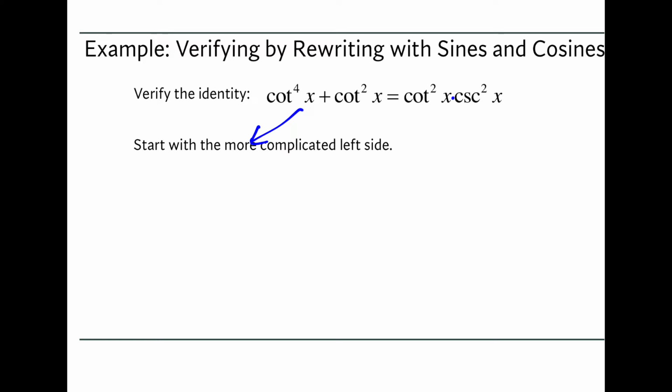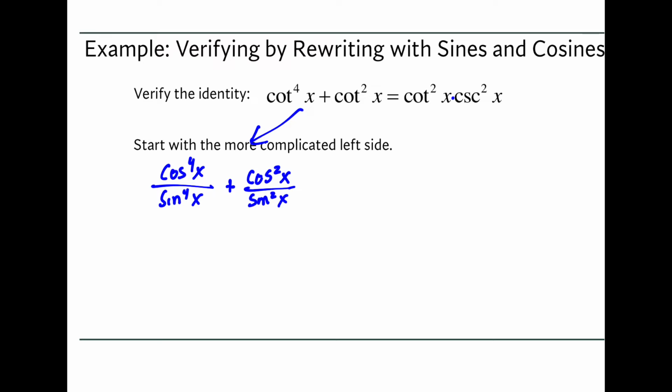We know that doing an addition is a little more complicated. So cotangent, remember, is cosine over sine. So this is cosine to the fourth x over sine to the fourth x. And we're trying to add to that another cotangent, but it's cotangent squared x. We're rewriting it, so cosine squared x over sine squared x.